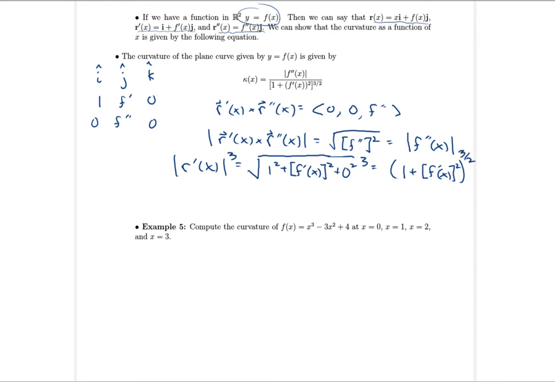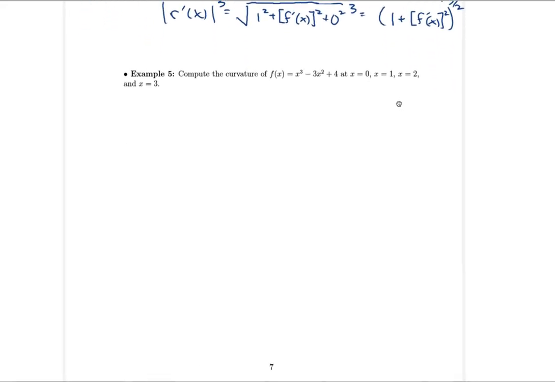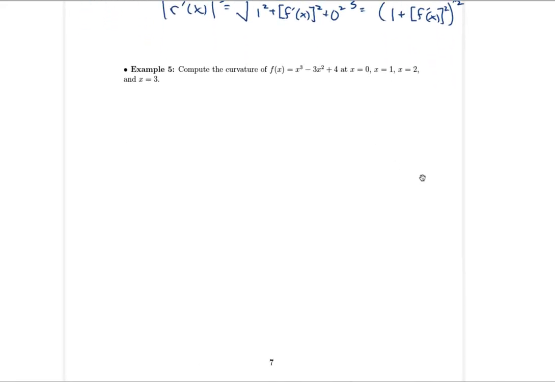And so that's where you get this formula here. So you can actually compute the curvature of a function in the xy plane at a particular point.